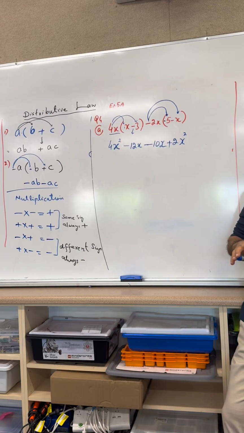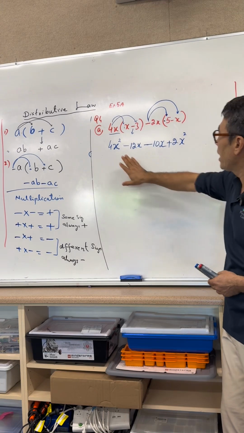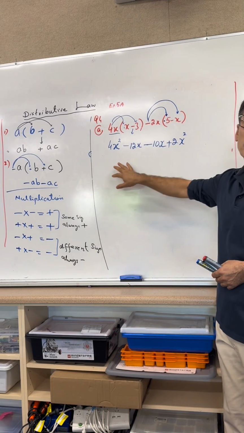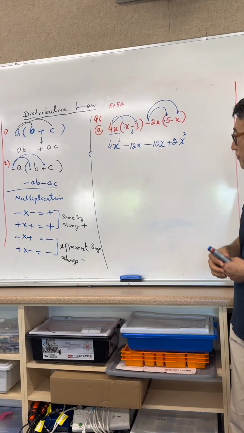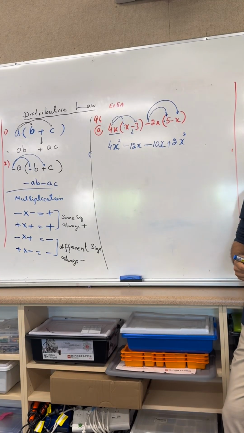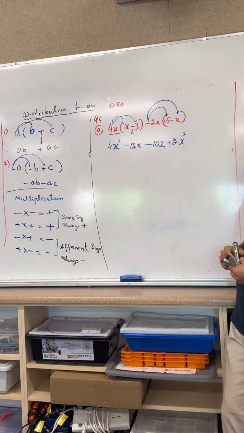Now the next step is to find the similar terms, to add them and subtract them. From this we have how many terms? 1, 2, 3, 4. So 3 terms are similar. Similar means in terms of power, in terms of variable x. 2x squared and 4x squared.